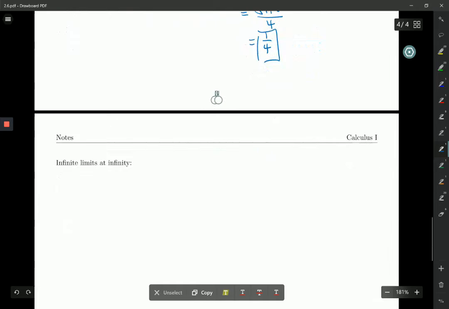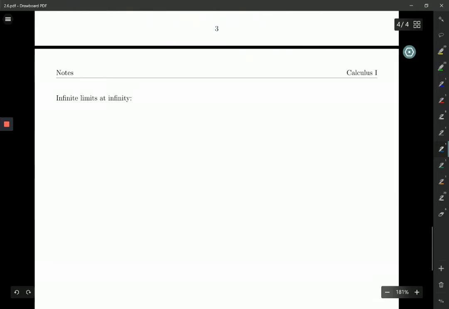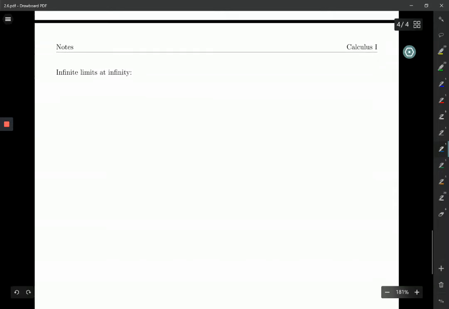Okay, so there's one more concept for this section, and the book calls this infinite limit to infinity. That might sound kind of confusing, but the idea is just that we have the possibility of, as x goes to infinity, the function could approach infinity.